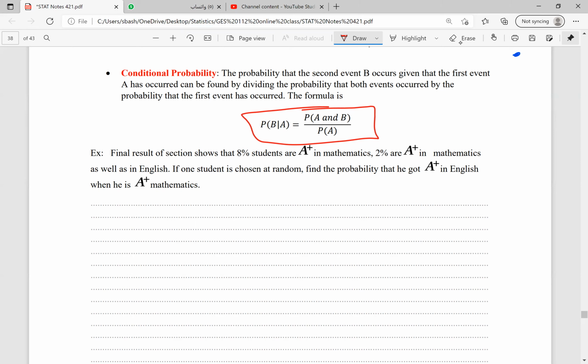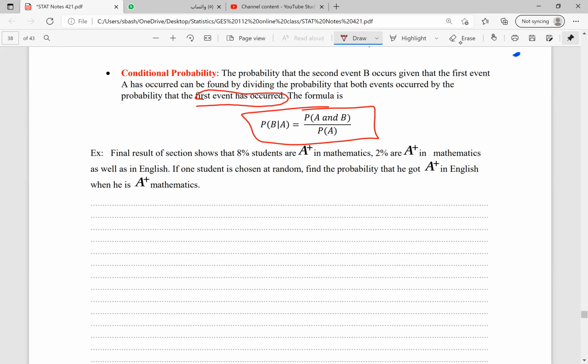So P of B slash A means after the first event has occurred, we need to find the probability of the second one. So we have one condition here, that the first event has already happened, and it is equal to P of A and B divided by P of A. This is the conditional probability. Find the probability of the second event given that the first event has already occurred.